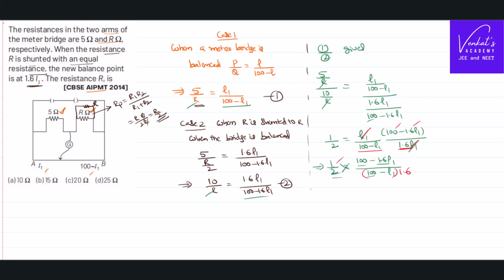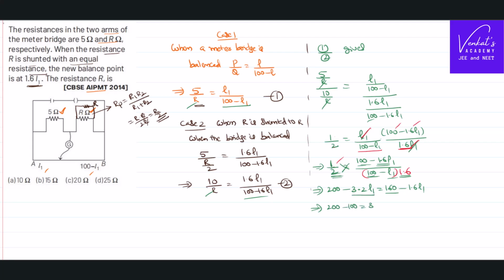This implies 2 into 100 is 200 minus 2 into 1.6, which is 3.2 times L1, equals 100 into 1.6, that is 160, minus 1.6 times L1. Get this 160 to this side: 200 minus 160.